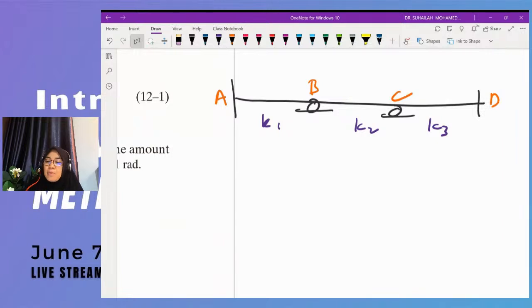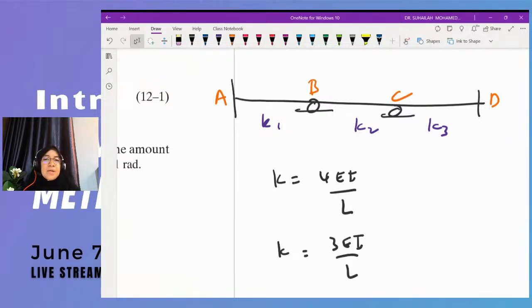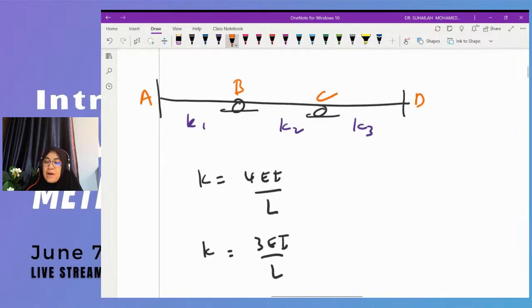And we have two formulas. One is K equal to 4EI over L, and another one is K equal to 3EI over L. So when to use 4, when to use 3? Depending on the far end condition.